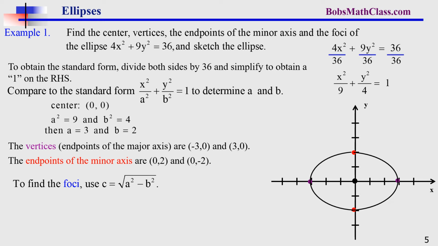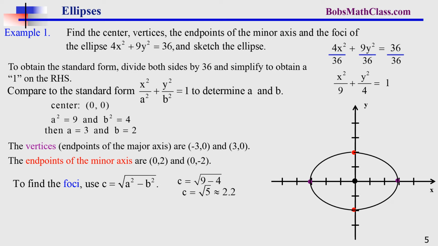It's either a squared minus b squared or b squared minus a squared. You always want to put the large number first. So in this case, it's a squared minus b squared, or 9 minus 4. If you do 4 minus 9, you're going to get a negative, and that won't make sense inside the square root. So keep in mind, it's always going to be a positive value that we're left with inside the square root.